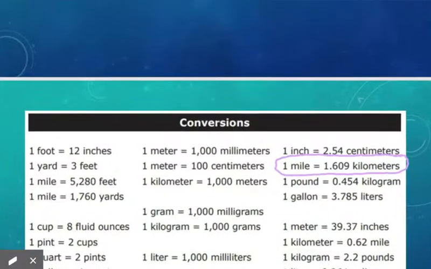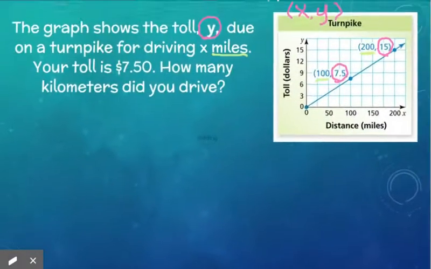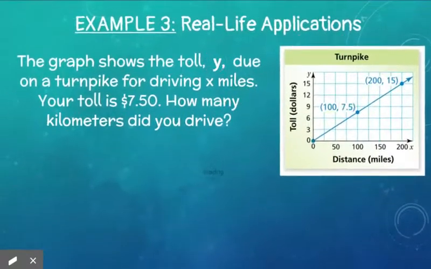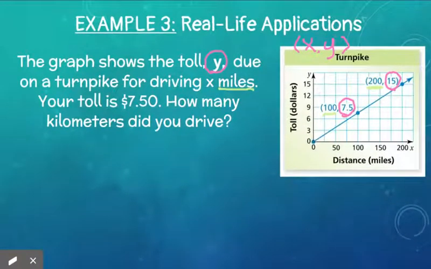And then the other thing we're going to have to think about is what do these points 100 comma 7.5 and 200 comma 15 mean? Hopefully as I was reading the question and explaining the whole coordinate thing, you started to understand that if you drive 100 miles, then the toll you're going to have to pay is $7.50. And for the second one, if you drive 200 miles, then you're going to have to pay a toll of $15.